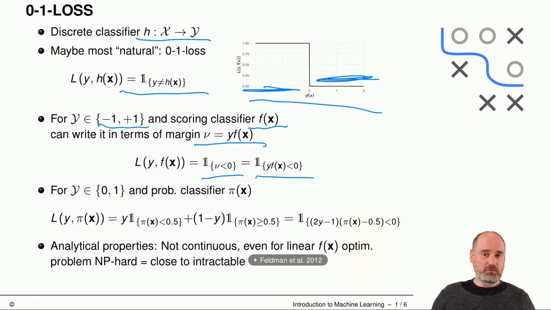And if you really want to, for completeness sake, I'm now also writing down here the case of 0-1 encoded labels and a probabilistic classifier. So this we would naturally threshold at 0.5. There are many less convenient ways of writing that.